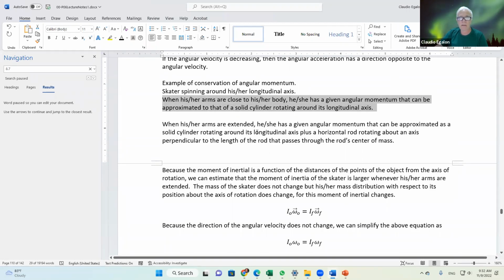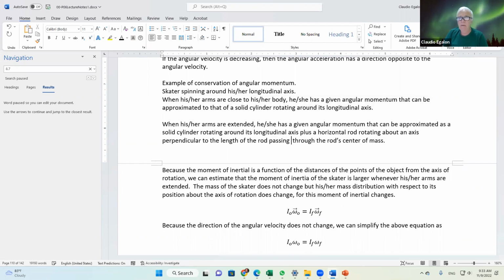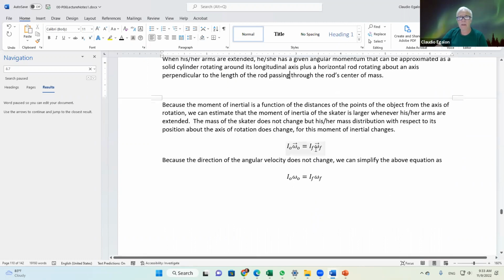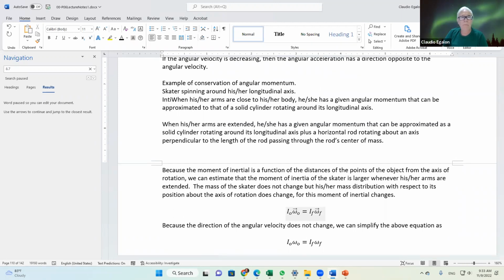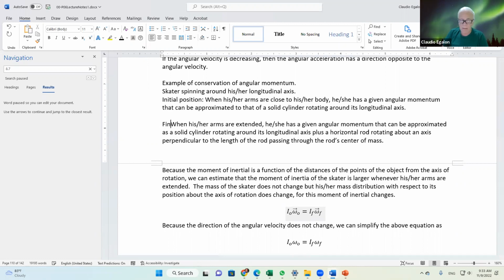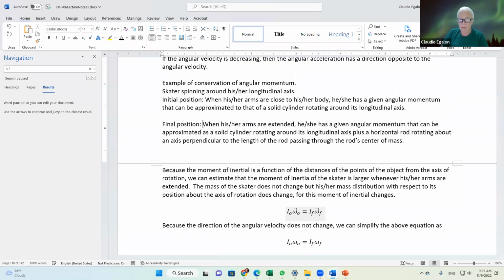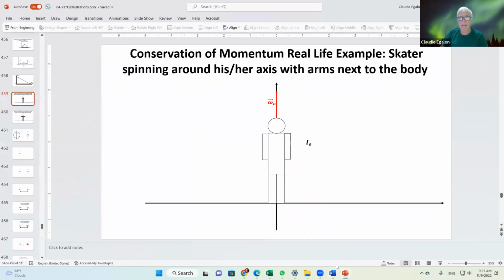When her arms are extended, she has an angular momentum that can be approximated as a solid cylinder rotating around its longitudinal axis, plus a horizontal rod rotating about an axis perpendicular to the length of the rod, passing through the rod's center of mass. So that's the initial position, right? Initial position. Final position, right? Just like I have in my drawing right here. Initial position, final position.